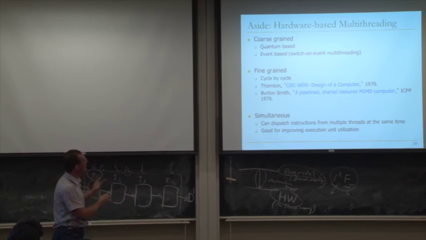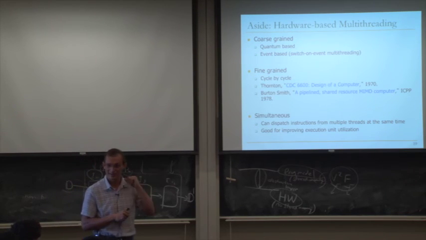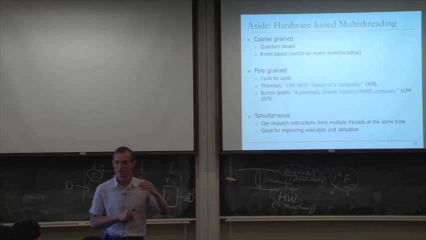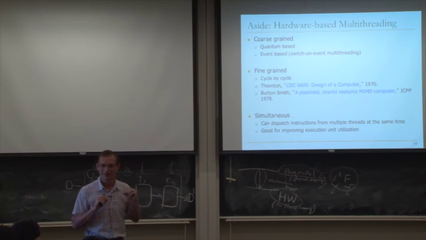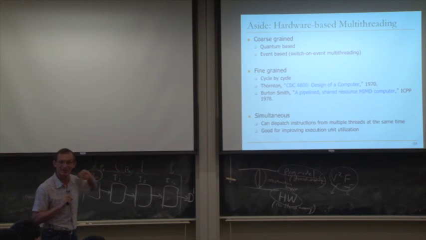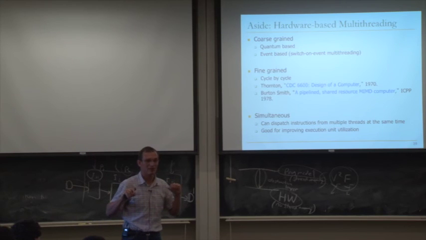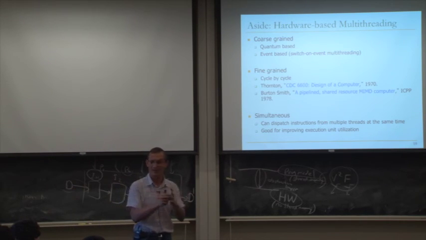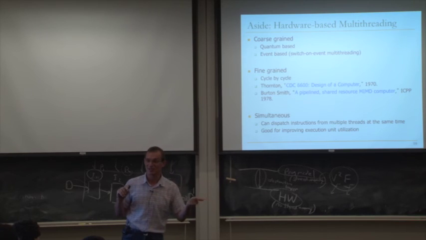On the other hand, fine-grained multithreading, it has a special meaning, is cycle by cycle. Every cycle, you fetch from a different thread. Now, this obviously requires that you have multiple thread contexts. And hopefully you remember the benefits of this. One benefit is if the number of threads is greater than or equal to the number of pipeline stages, now you don't need any dependency check logic, right?